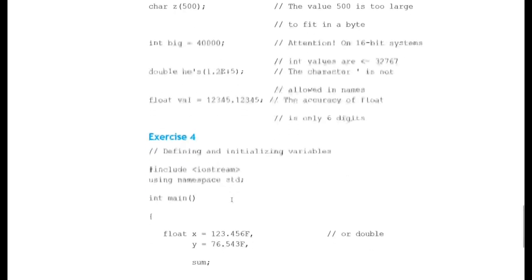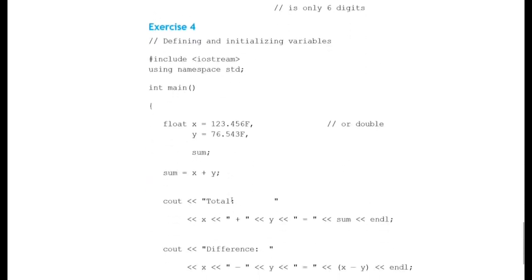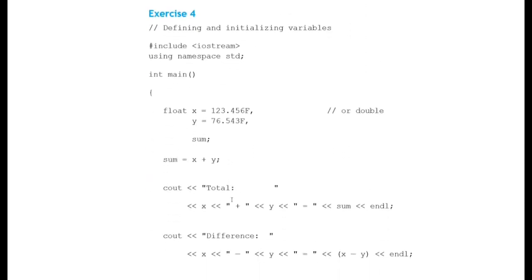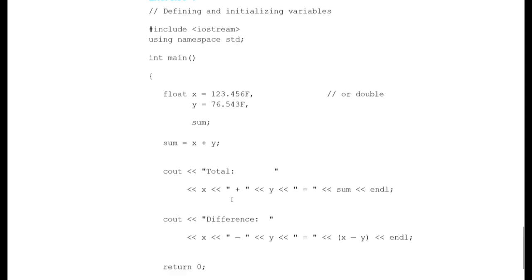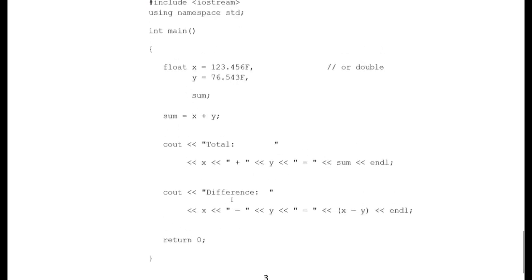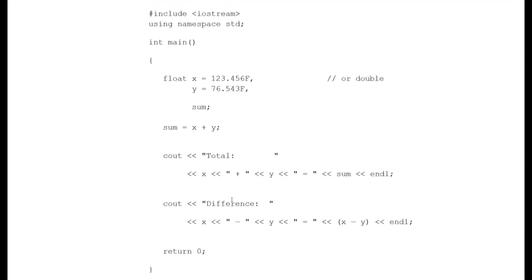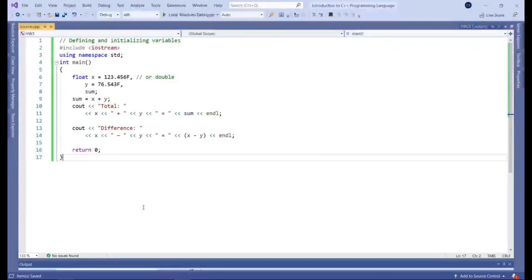Okay, so moving on to exercise number 4. This one's all about defining and initializing variables. So we have to define doubles, add them up, and then get the difference. So let's go ahead and see what that looks like in the actual development environment. Okay, so here we are.